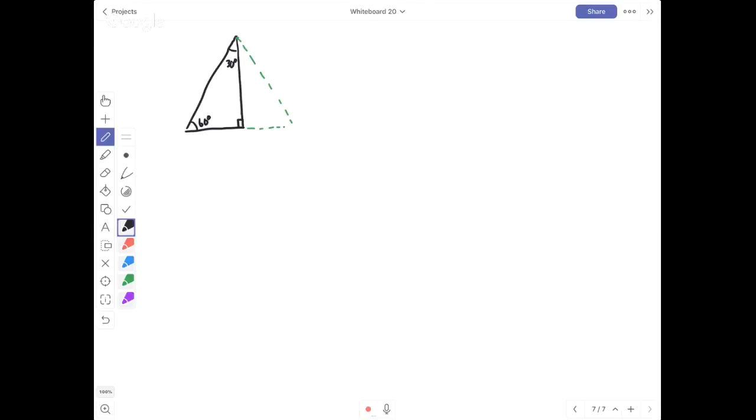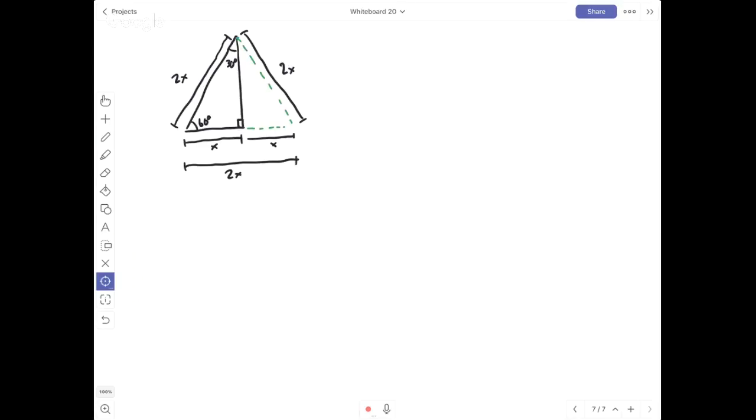If I were to make this length x, then obviously that would be x. Then obviously that would be 2x. And since this is equilateral, that would make this 2x. And that would make this 2x. So because a 30, 60, 90 is half of an equilateral triangle, the base has to be half of the hypotenuse.